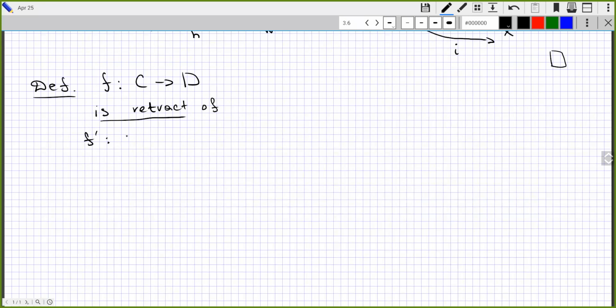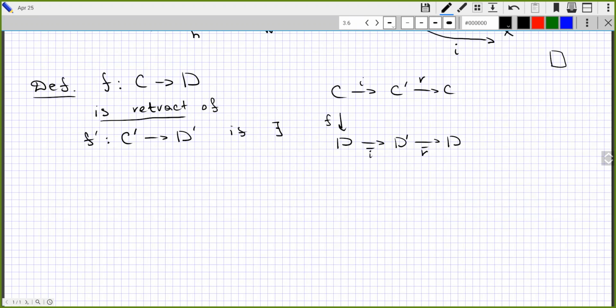So will we continue? One morphism is a retract of another morphism if there exists some kind of diagram like this, and the compositions of inclusion and retraction are identity morphisms.